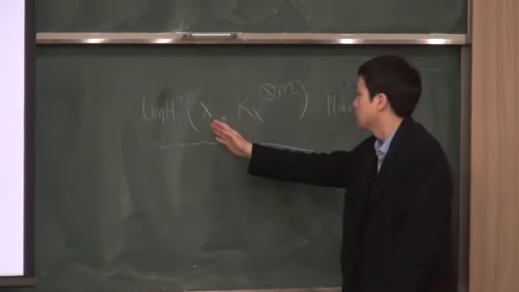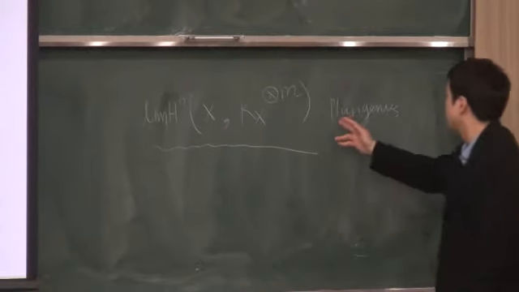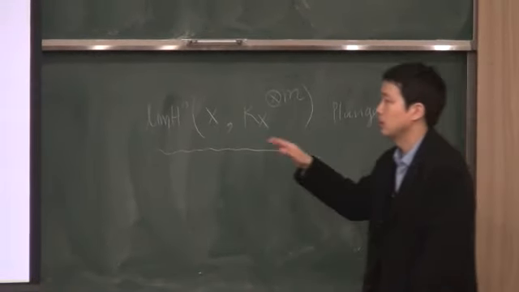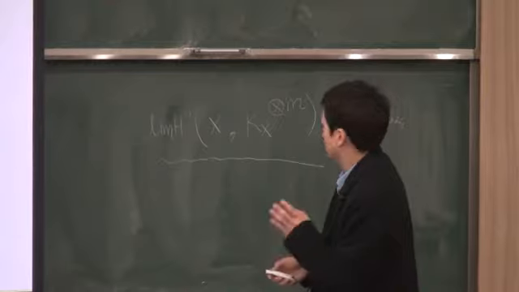So when you have a smooth family of X's and you consider this plurigenus number, it is constant in the smooth family.